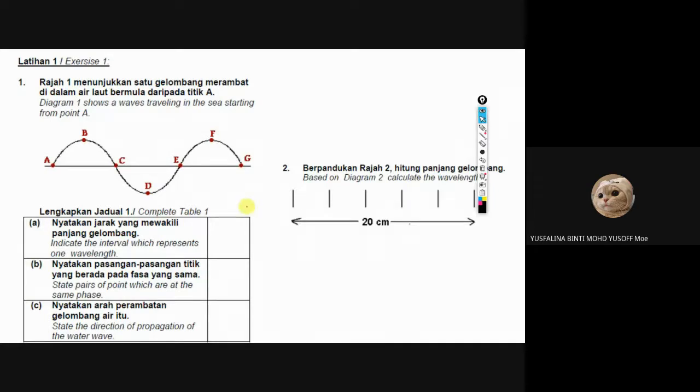Here it says indicate the interval which represent one wavelength.